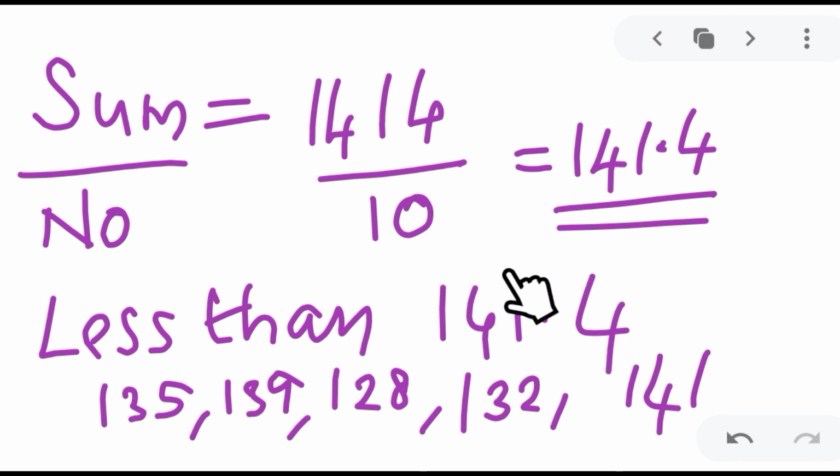That means how many students have less than this height? They are 135, 139, 128, 132 and 141. Since it is 141.4, we can take 141 as less than 141.4. So how many observations are there? 1, 2, 3, 4, 5.